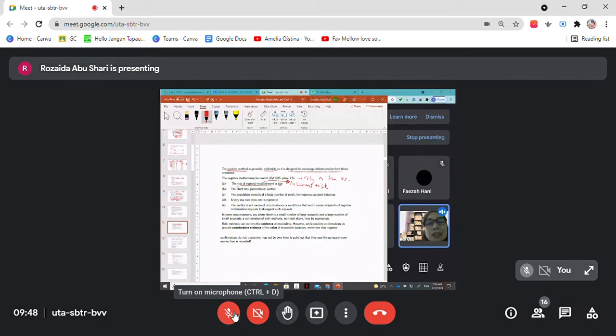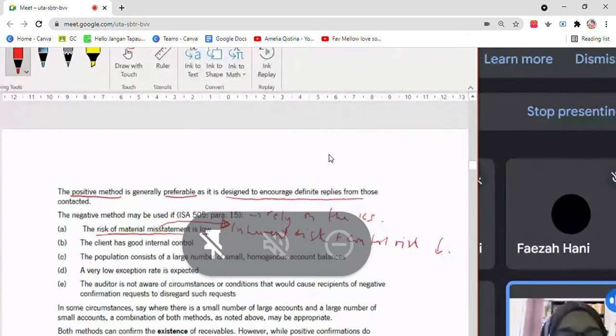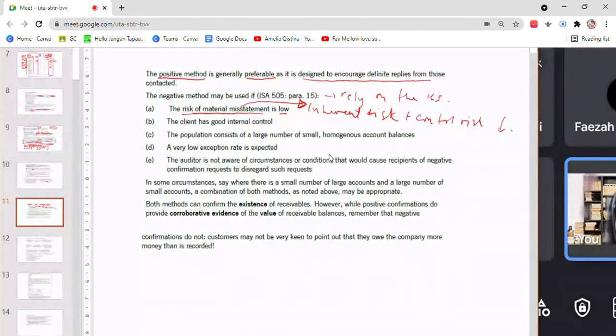So when inherent risk and control risk are low, you can reduce your detection risk. When we can reduce the detection risk, it means that we can save time to perform the substantive test. So we can reduce the substantive test.